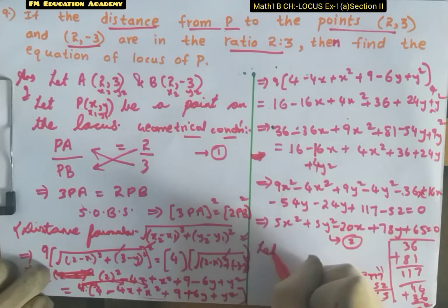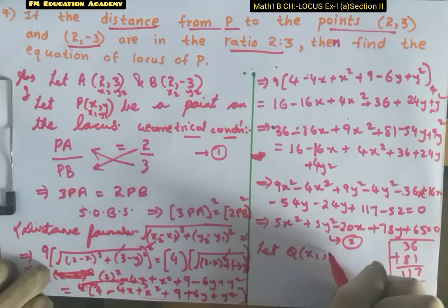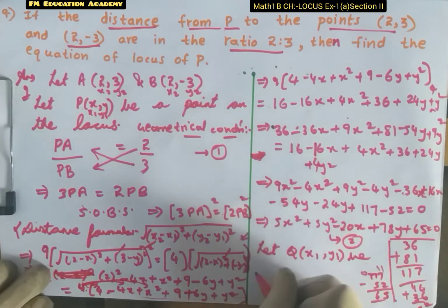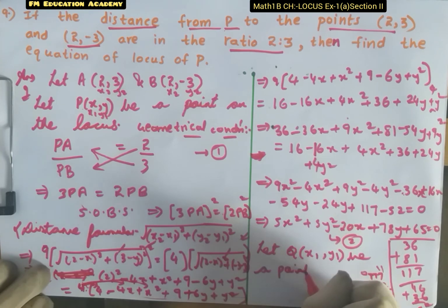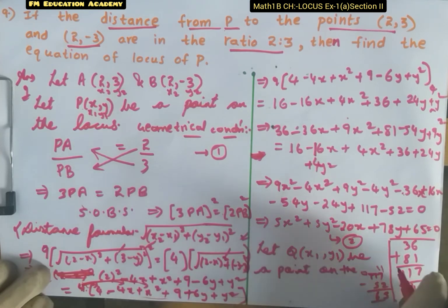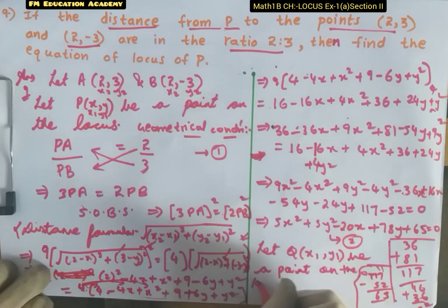So we'll assume that let Q x1 y1 be a point on the locus which satisfies equation 1, that is the geometrical condition.